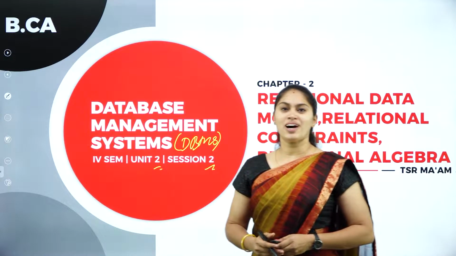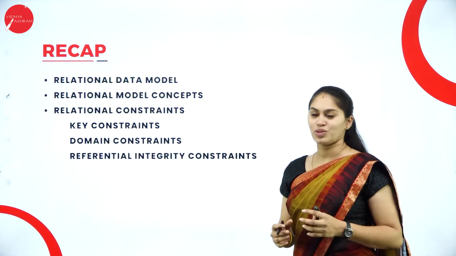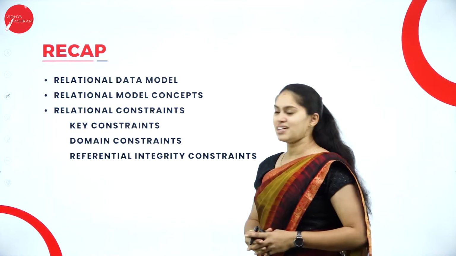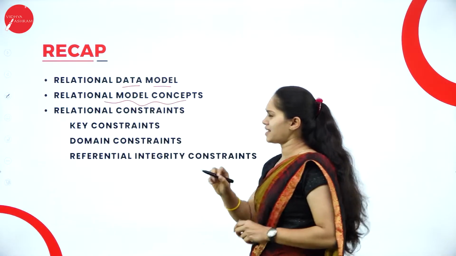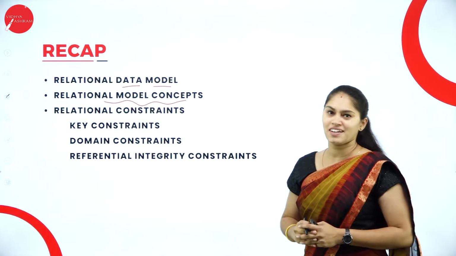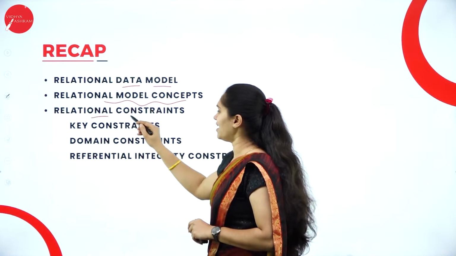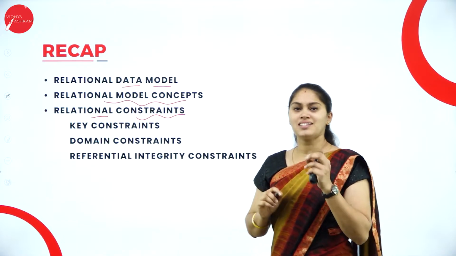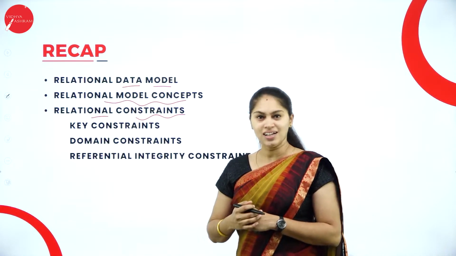Before getting into today's session, we'll see the recap of the previous session. In our last session, we discussed the relational data model and some of its related concepts, and also the relational constraints, the set of rules and regulations that need to be obeyed by the relational data model.